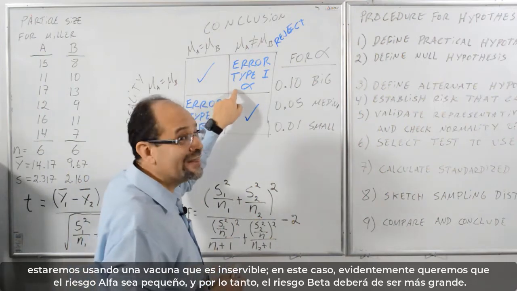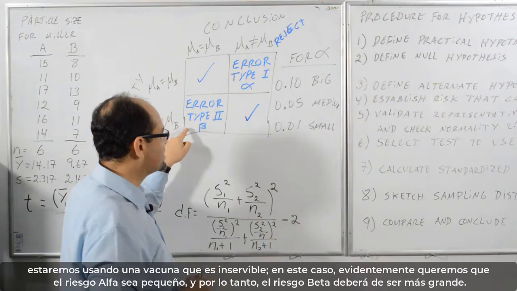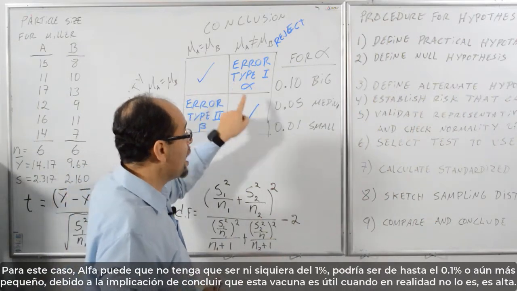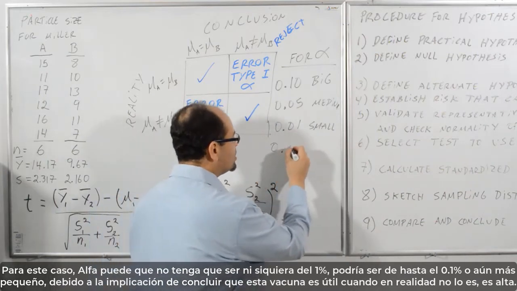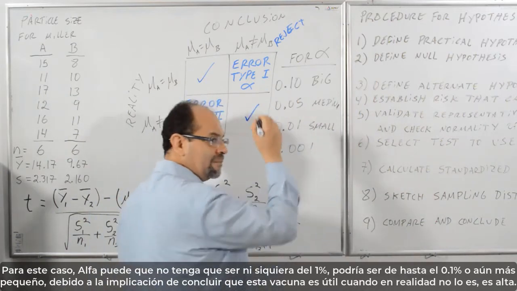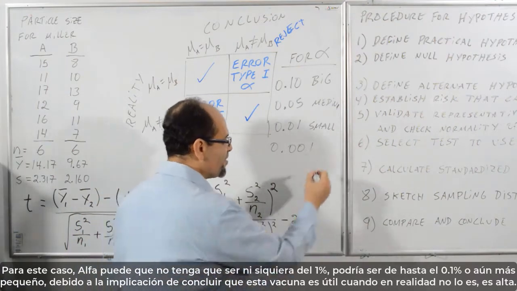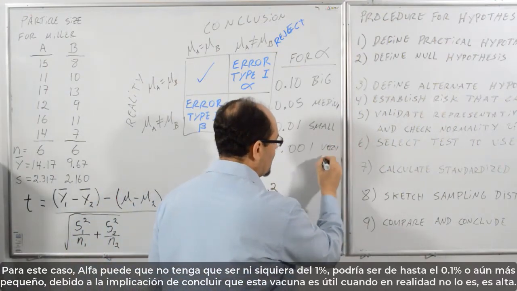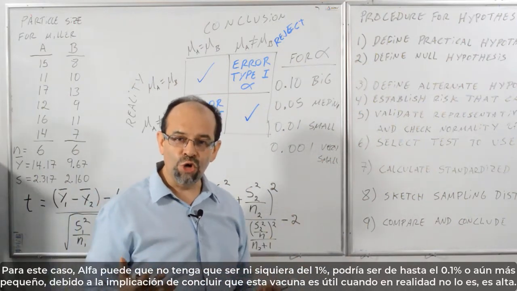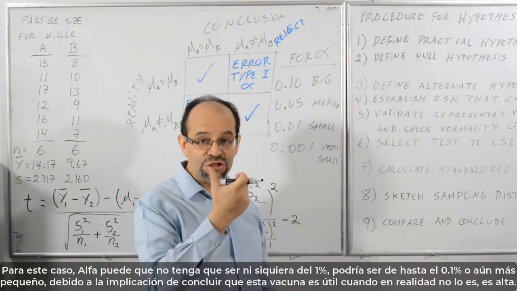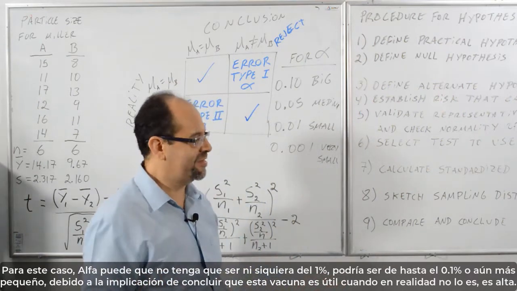And of course I want this to be small, and if I want this to be small, this has to be big. But in this case, perhaps alpha shouldn't be 1%, but should be even smaller, maybe 0.001, that means 0.1% or something, very, very small. Because the implications of concluding that this vaccine is useful when it's not are high, are really bad.